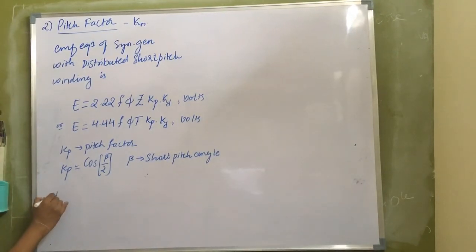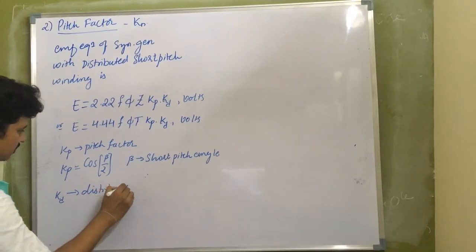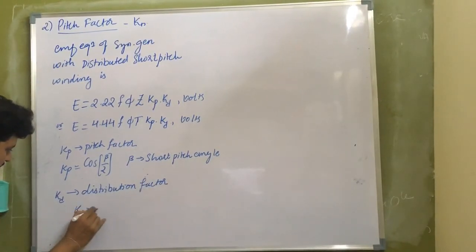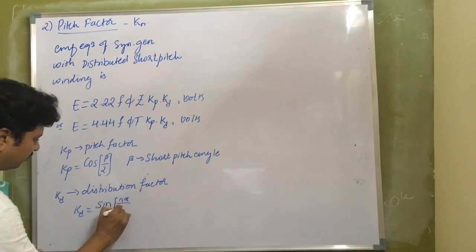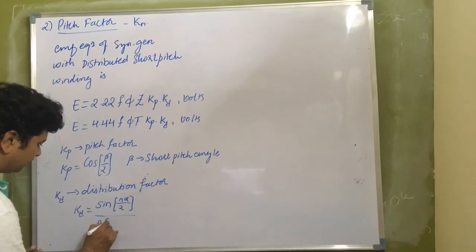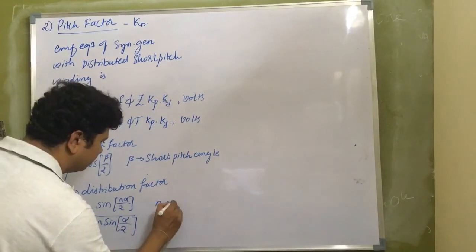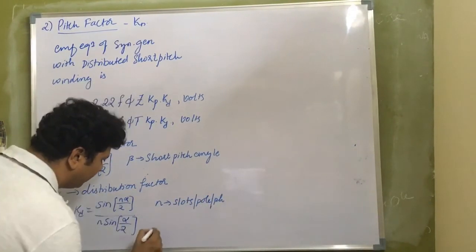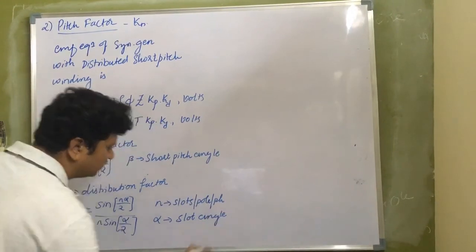And Kd is the distribution factor, and Kd is equal to sin(n alpha by 2) divided by n sin(alpha by 2), where n is slots per pole per phase and alpha is the slot angle.